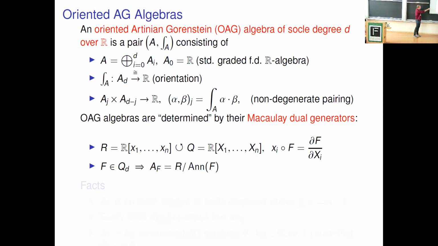And then if you give me a homogeneous polynomial F in the capital letters of some degree d, I can look at the set of all partial differential operators that annihilate it.